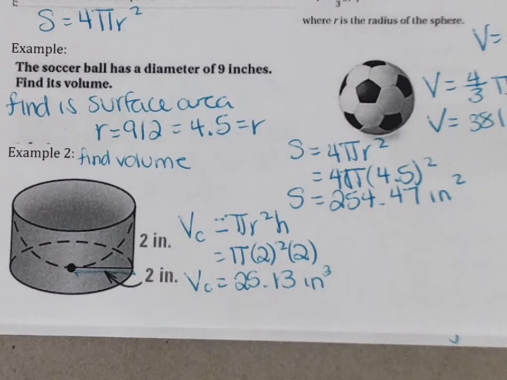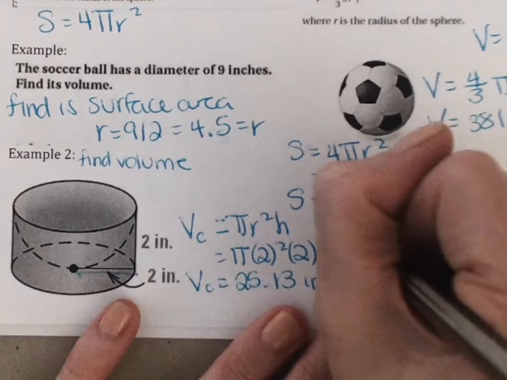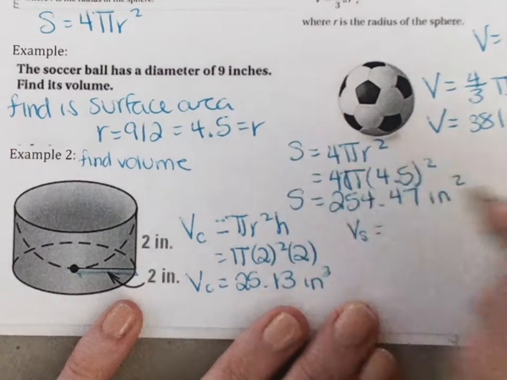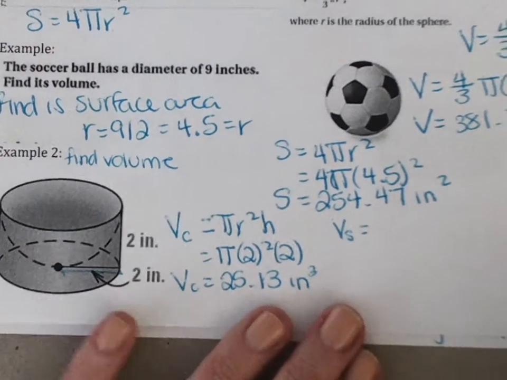So that's the volume of the cylinder. Now I need to find the volume of the sphere, and then we'll come back to that.